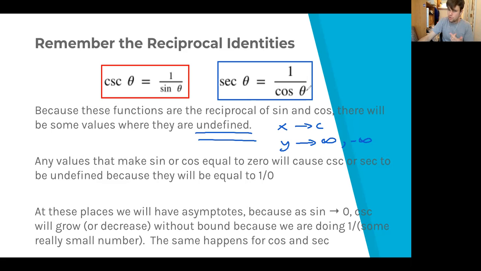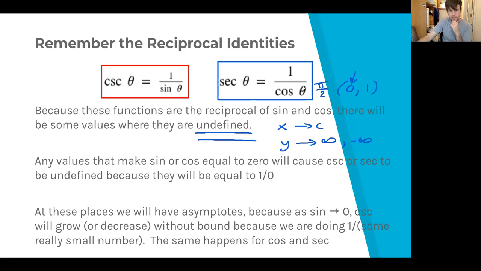Let's examine this for secant. As we approach an input that causes cosine to go to 0, for instance pi over 2, at pi over 2 we have an xy coordinate of 0, 1. So the cosine value is approaching 0. As we go to pi over 2, the output of cosine is getting closer and closer to 0, getting smaller and smaller from the positive side, because it starts at 1.